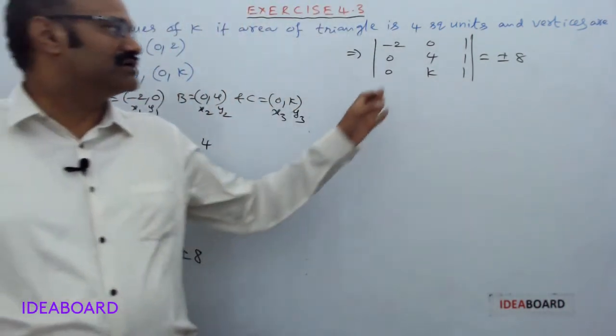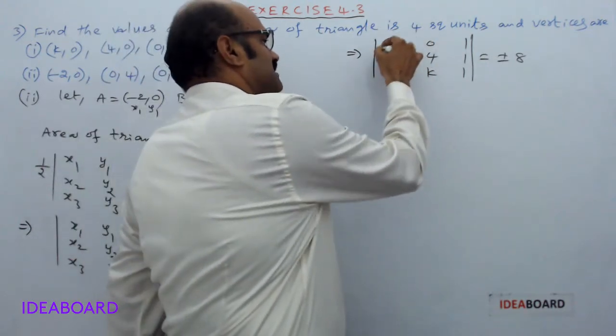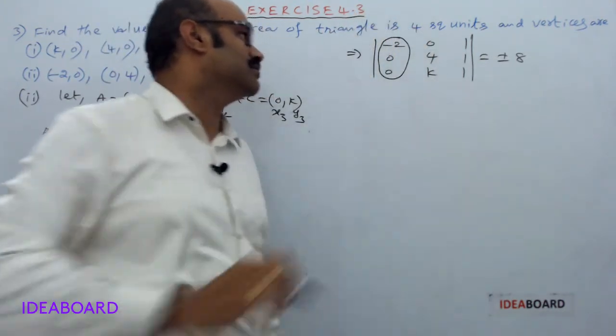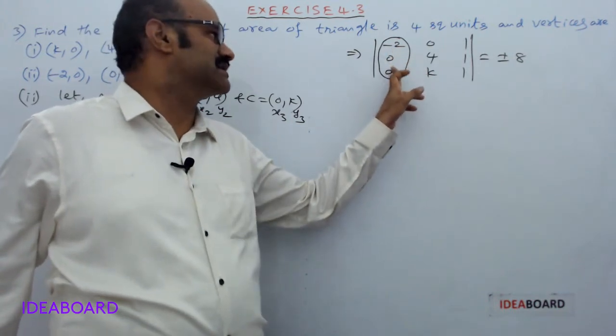Now we have to simplify this. Since we have two zeros in the first column, expand along C1.